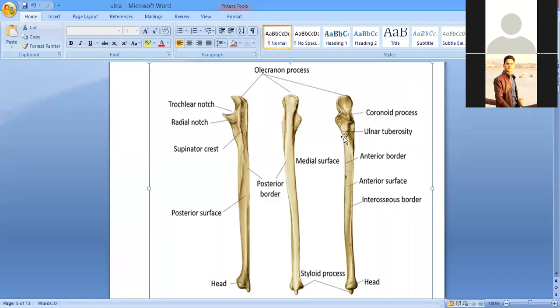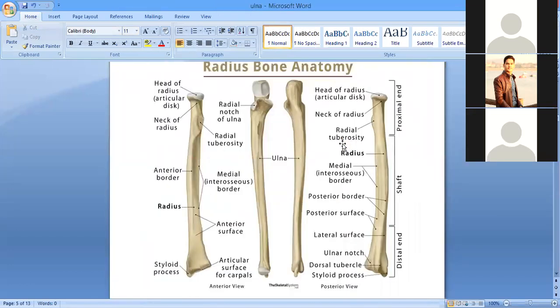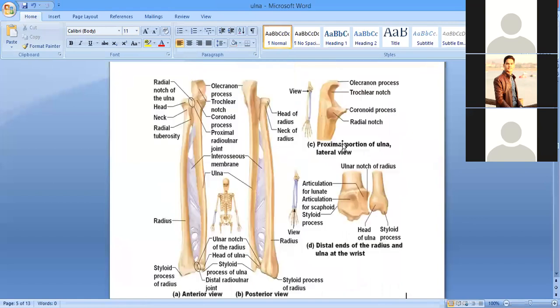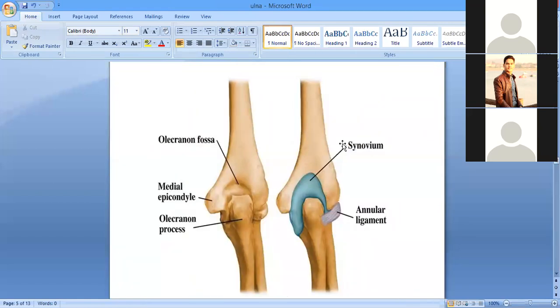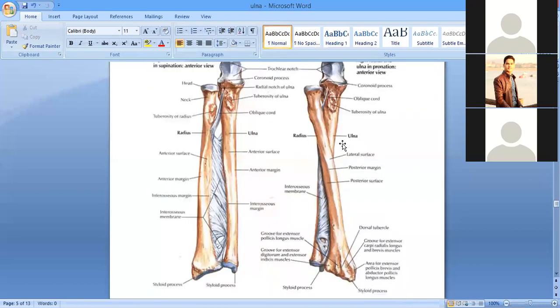It begins from the medial aspect of the ulnar tuberosity, and it goes towards the medial aspect of the styloid process. This one is the anterior border.